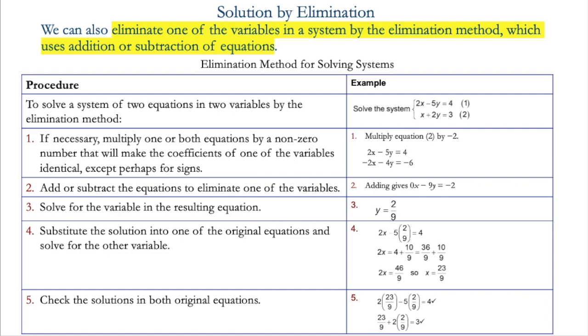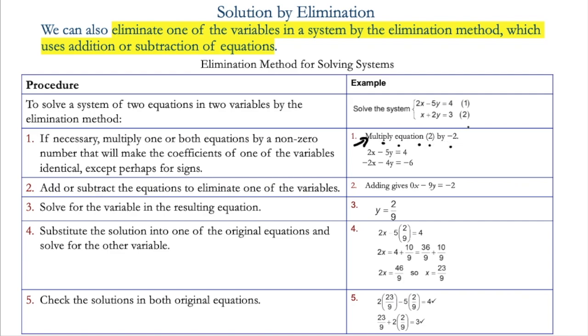Okay, so let's say here we want to solve this system. No, it's not the same system. Sorry. So we have equation 1, 2x minus 5y equals 4, and equation 2 here is x plus 2y equals 3. Okay, so here what we can do, you can see clearly it is written here: multiply equation 2 by minus 2.